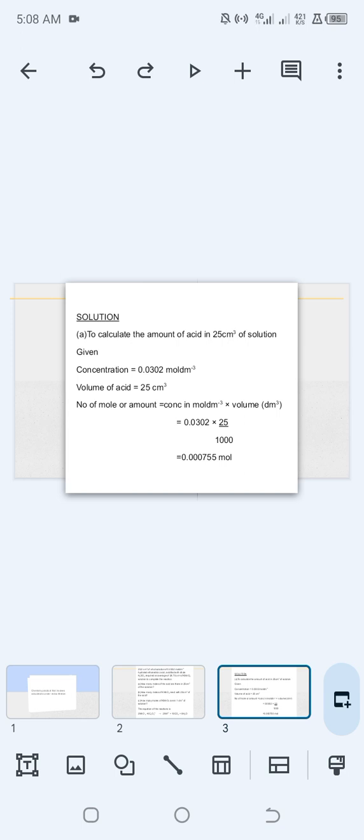The question says calculate the amount. When we are talking about amount here, it's talking about the number of moles. The unit will be in mole.